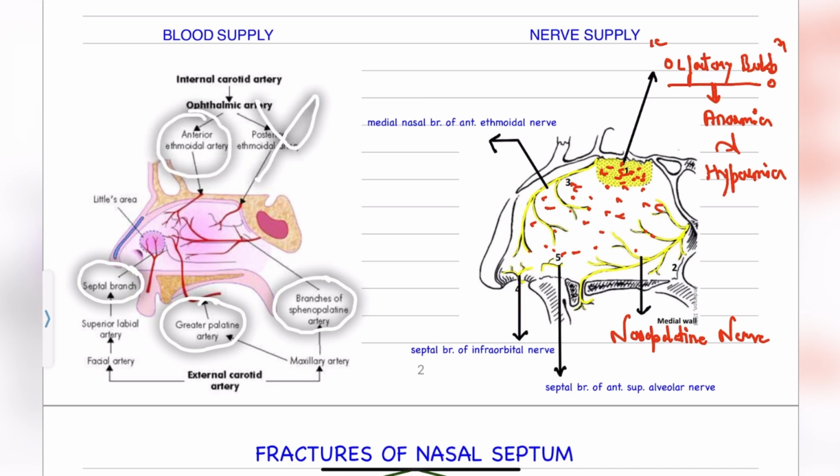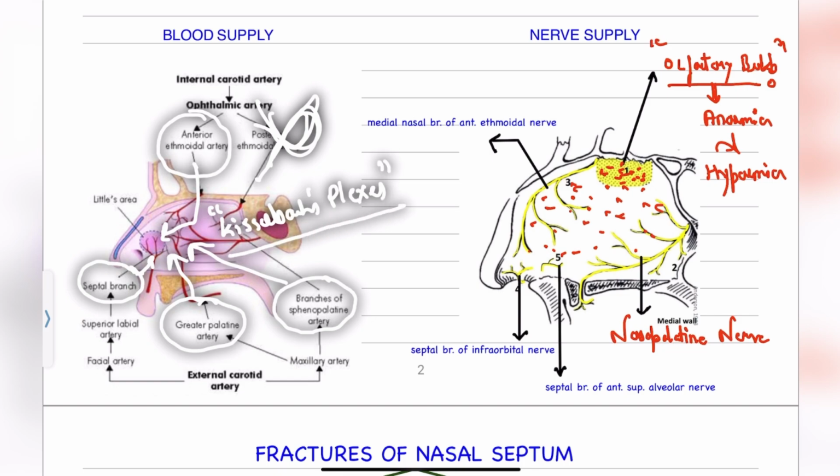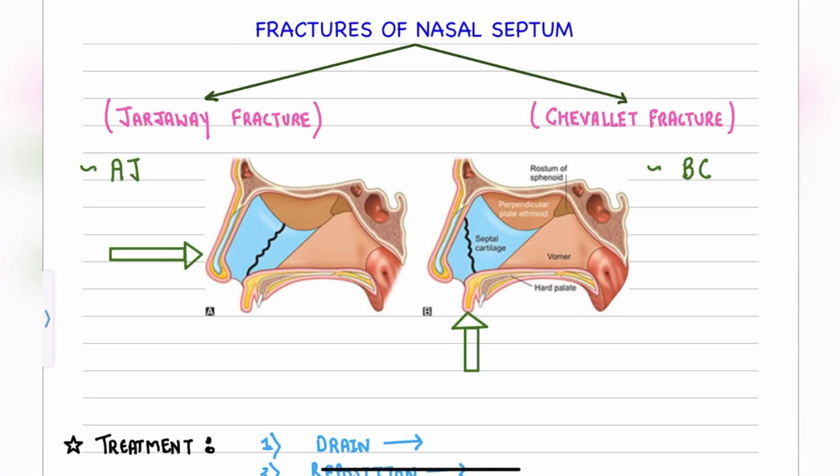Never is the posterior ethmoidal artery involved in the perfusion of Little's area. So only these four arteries are included in the Little's area, leading to formation of the plexus known as the what? Kiesselbach's plexus. All right, this plexus is the main plexus involved in the bleeding in epistaxis.